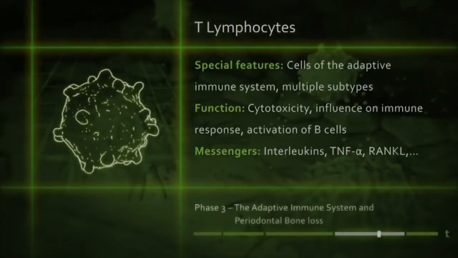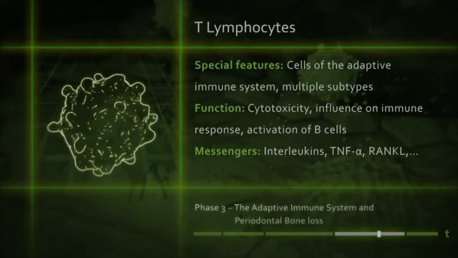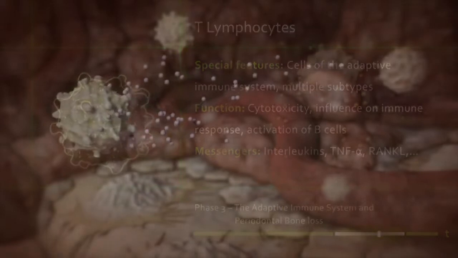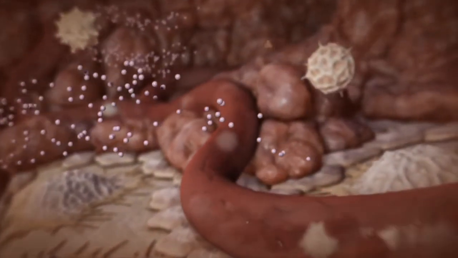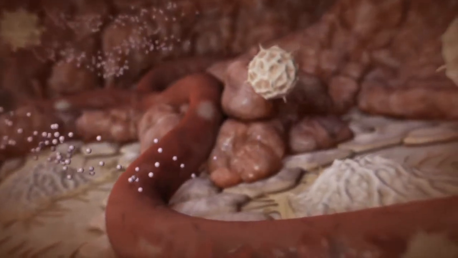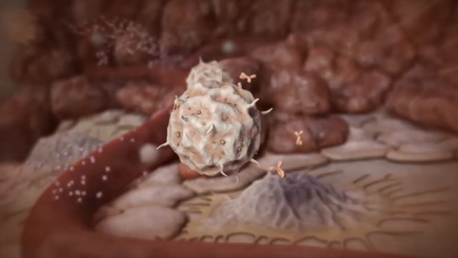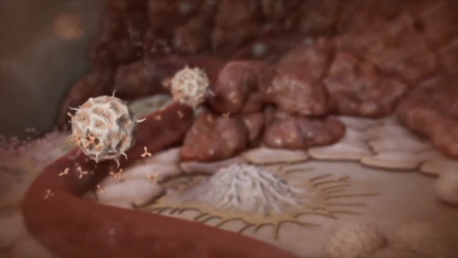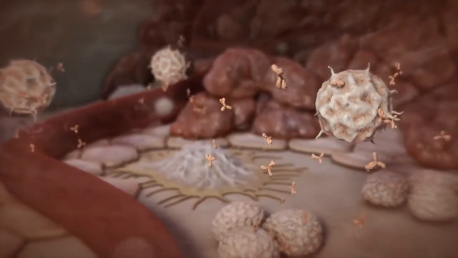Another T helper cell subtype, the Th2 cells, produce interleukin 4, 5, and 10, causing the stimulation of B lymphocytes, which transform into plasma cells and release immunoglobulins. Osteoclast precursors, being originally immune cells, carry the osteoclast-associated receptor, which can be activated by immunoglobulins.